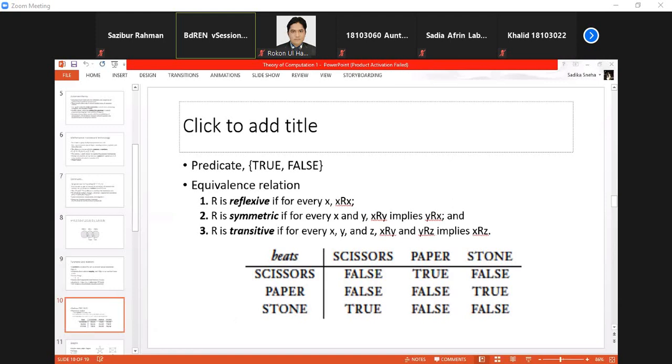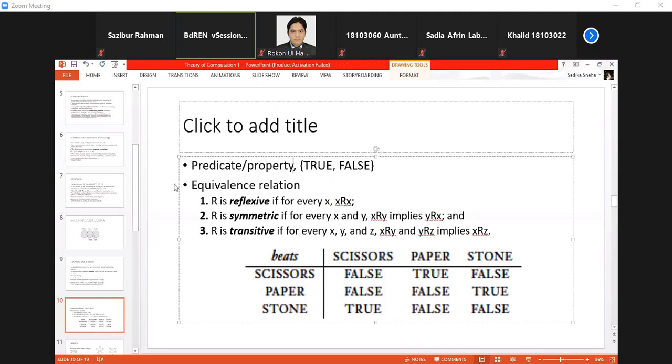And what is this predicate? Predicate or property is a function whose range is true or false. Predicate also has another name, that is property.